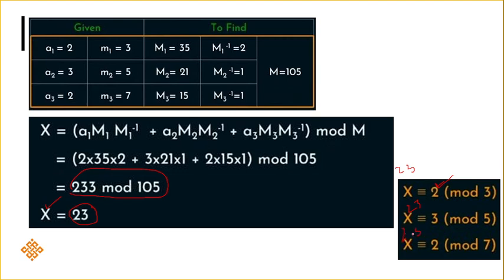Then 23 is congruent to 2 mod 7: 7 times 3 is 21, so 2 is the remainder, also satisfied. So the variable x is 23, which satisfies all the congruences of the given equations. Hence it is proved that 23 is the x value using this Chinese Remainder Theorem.